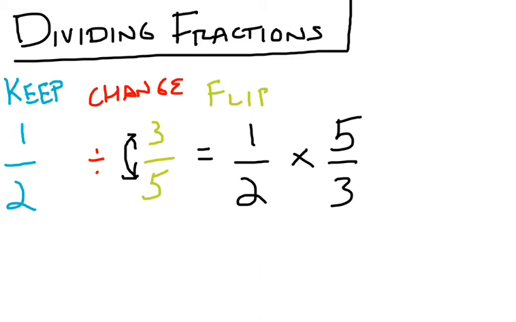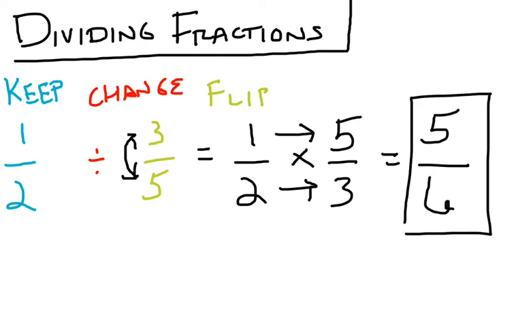Now we just do the multiplication steps that we've learned before. We multiply straight across. 1 times 5 is 5, and 2 times 3 is 6. I can't reduce that. It is in its simplest form. I'm all done. So the answer is 5/6.